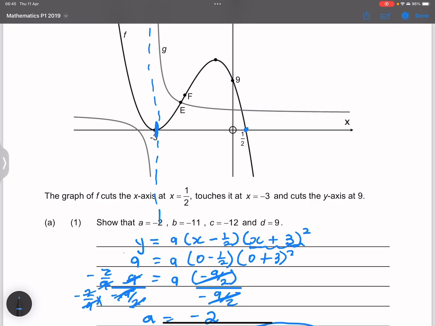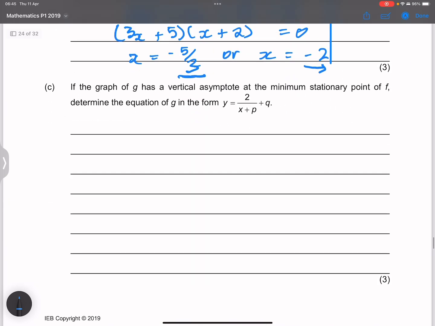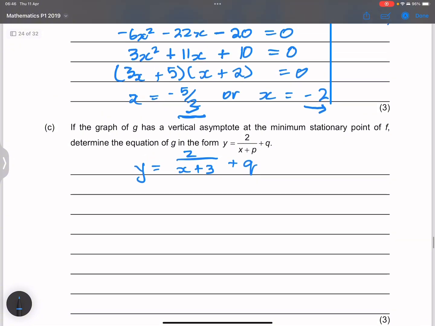So let's write down that graph. This is going to be y is equal to 2 over x. Now remember, we always change sign for the x. So this is x plus 3 plus q, right? Now we need to find the horizontal asymptote. And how are we going to get that? So remember, we also have the point of intersection.